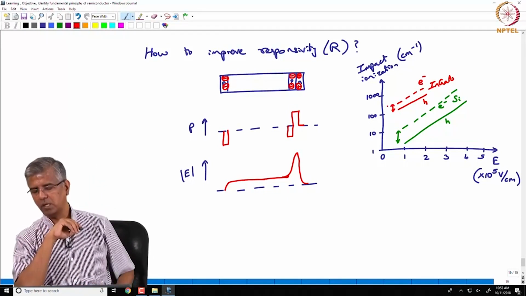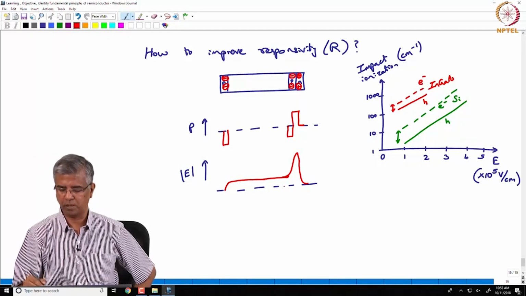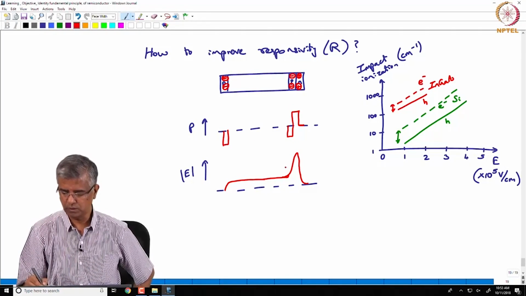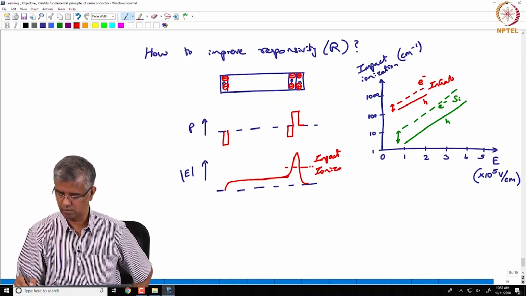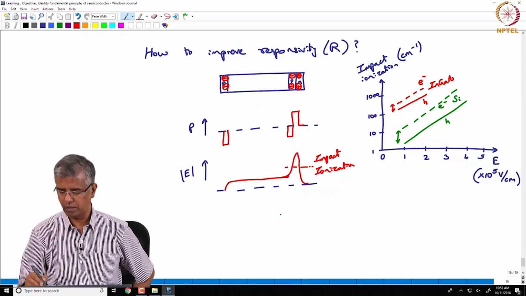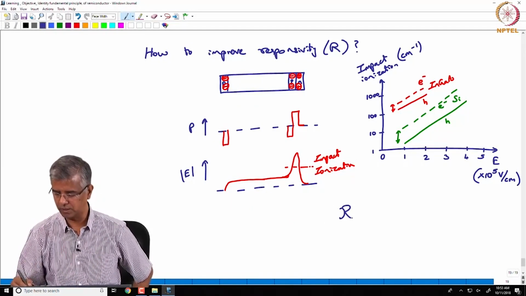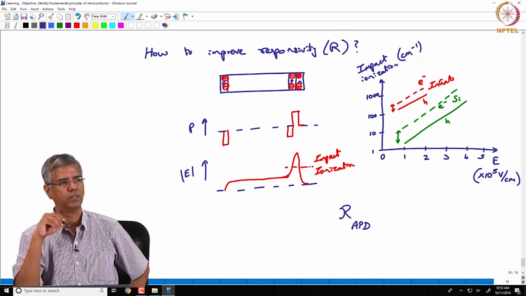But nevertheless, what we have now, because of this process of impact ionization which happens beyond this threshold here, is your effective responsivity of this structure, which is called avalanche photodiode, right.